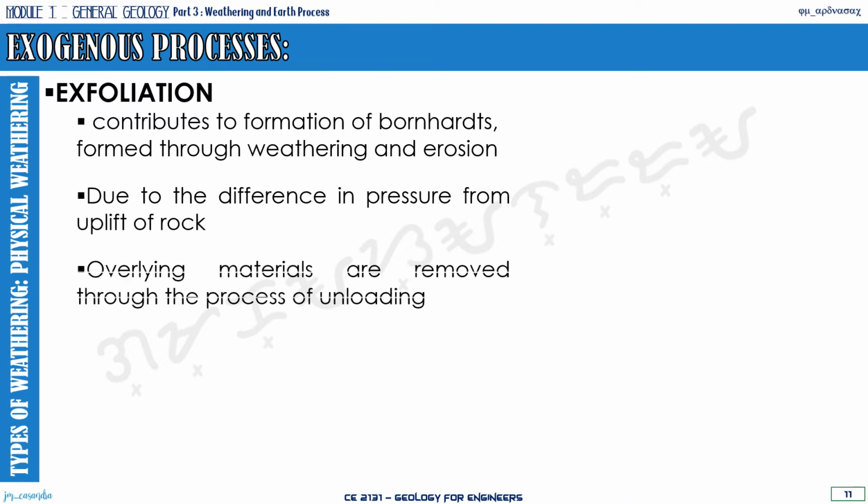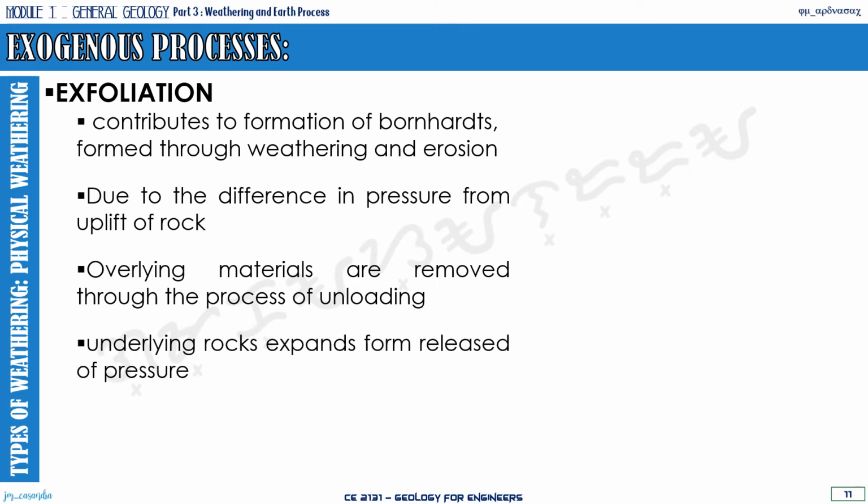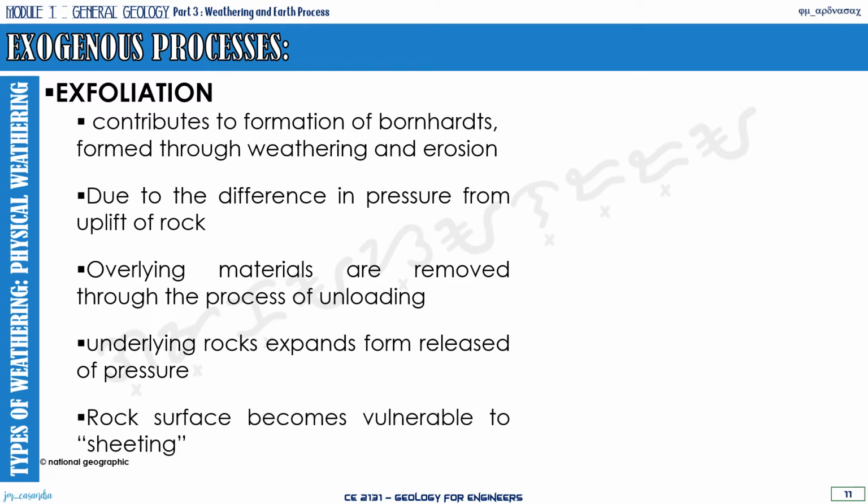Okay? So overlying materials will now be removed through unloading because of the pressure that is lifting the rock upwards. So underlying rocks would now expand and will release pressure, and the rock surface will be vulnerable to sheeting.